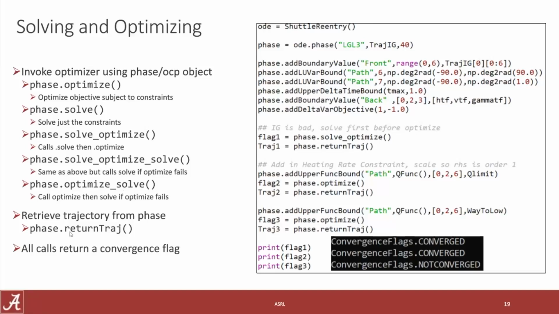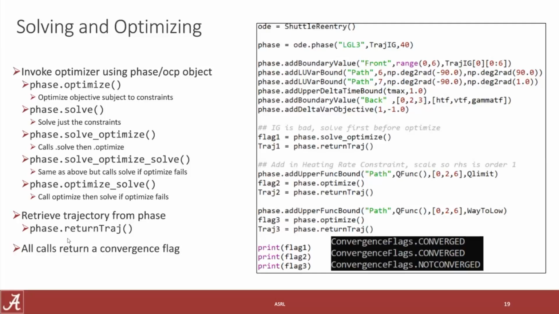Another reminder is, once you've solved or optimized your problem, recall that the initial guess you passed in does not get changed. It's still the same data storage as what you passed in. The values of your new solved or optimized solution are stored within the phase, so we need a way of retrieving that data.